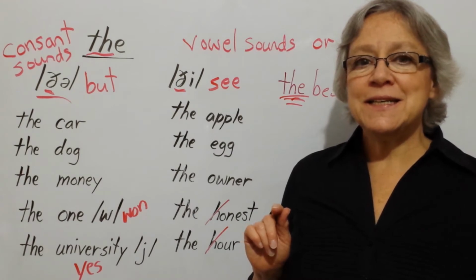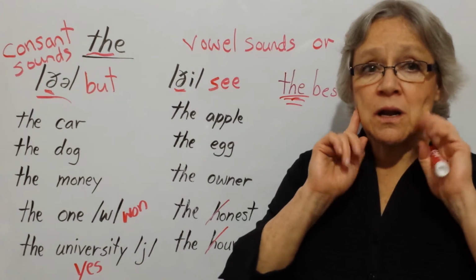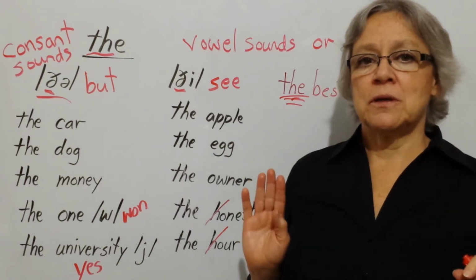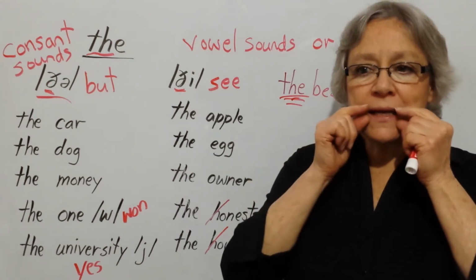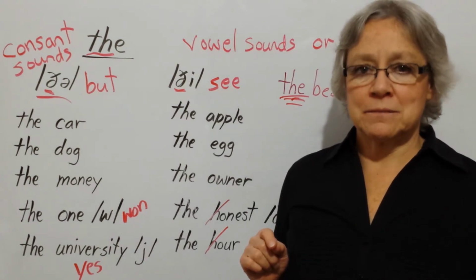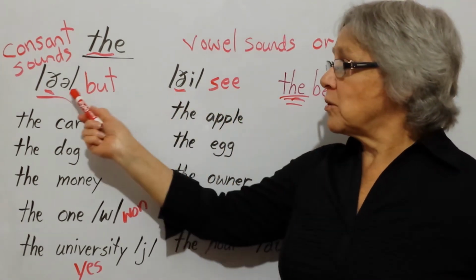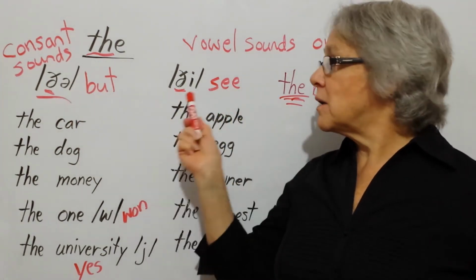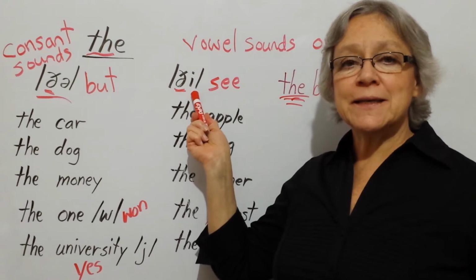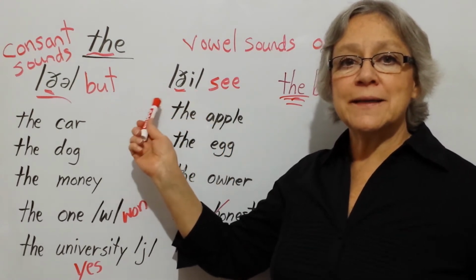E, E. And the back sides of my tongue are pressing against my upper teeth. My lips spread a little bit. E, E, okay? And my tongue muscles are tense. So, E, E, E.